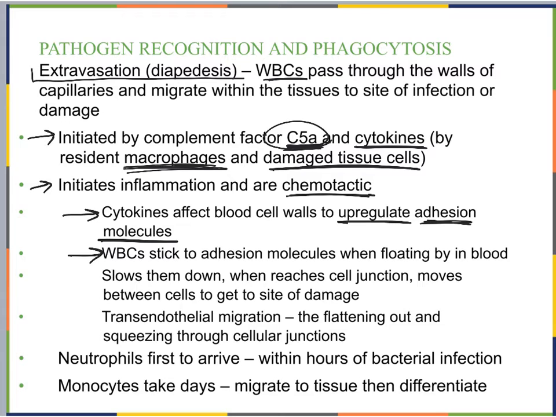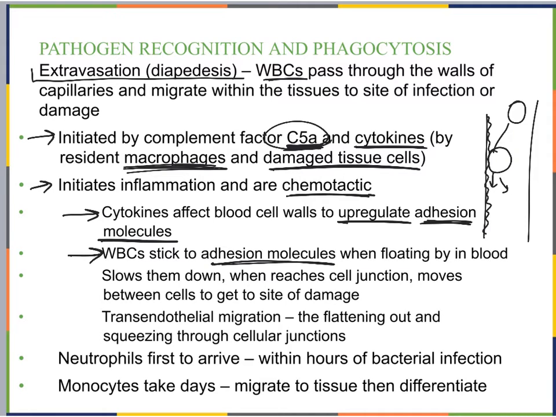So the white blood cells are then going to stick more via these adhesion molecules when they're floating by in the blood. So if we have our vessel here, and we make this area a little bit stickier, when our white blood cells come along and bump into the side here, rather than bumping back off, it's going to stay stuck to the side.